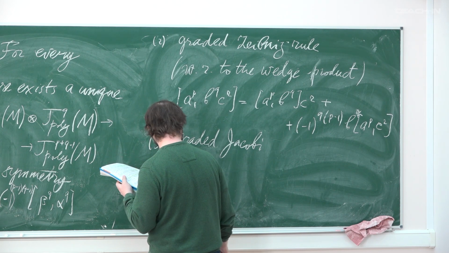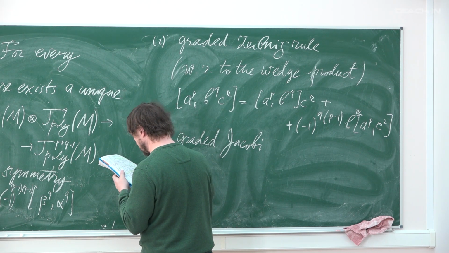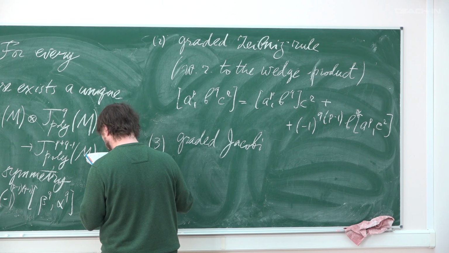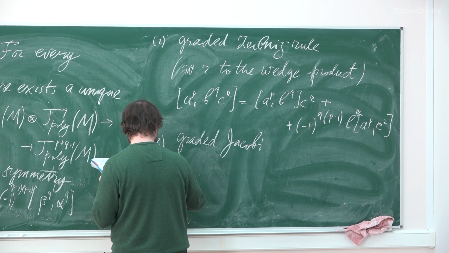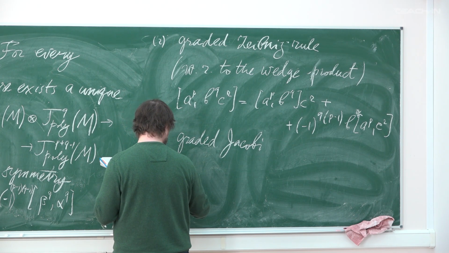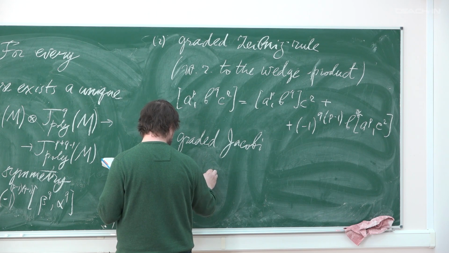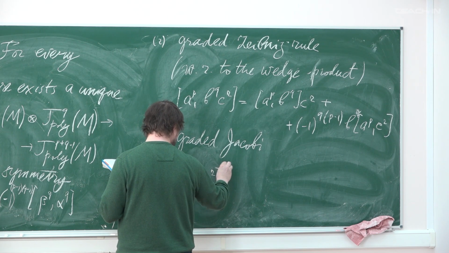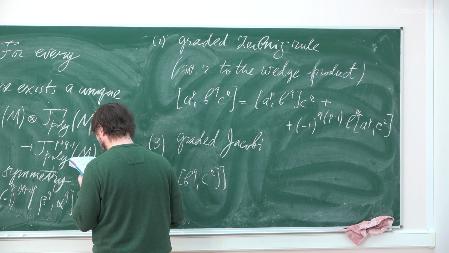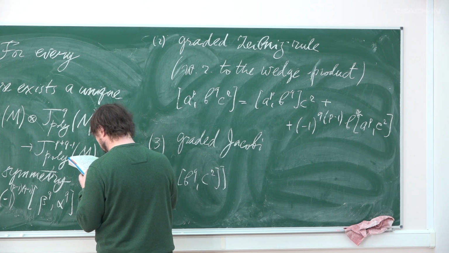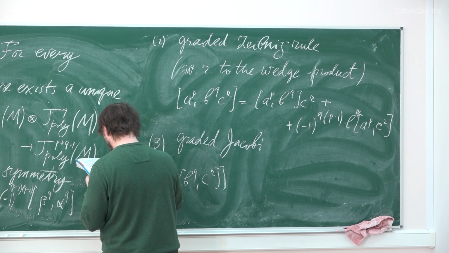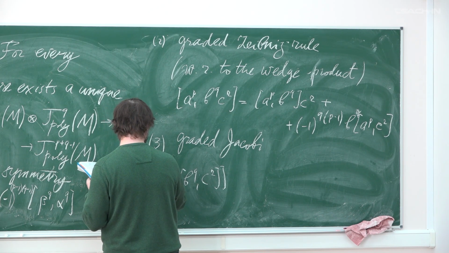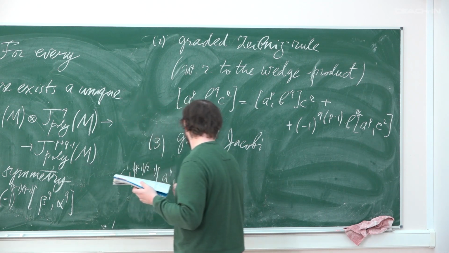I think I better write it down again. The symmetric way to write it down is like this. You take A of degree p, B of degree q, and C of degree r. Then you need to introduce a sign here already. So it's (-1) to the power (p - 1)(r - 1).